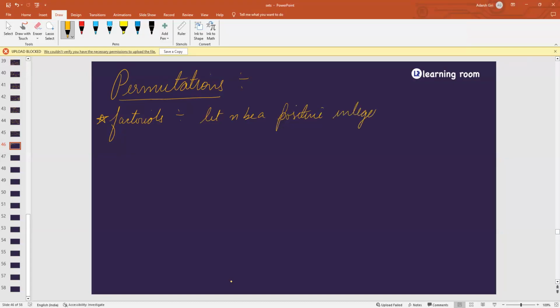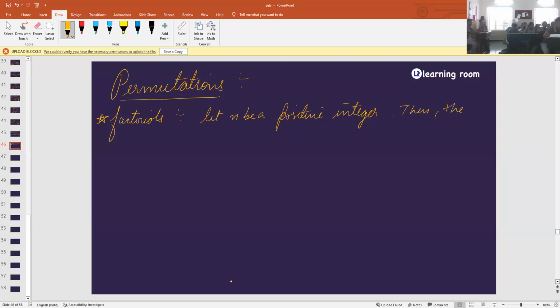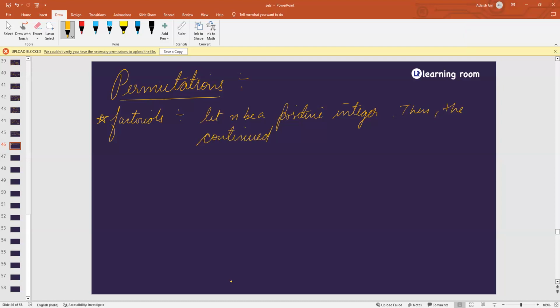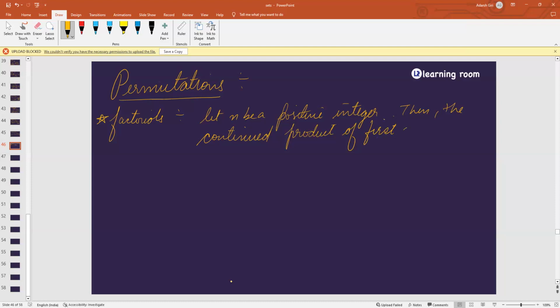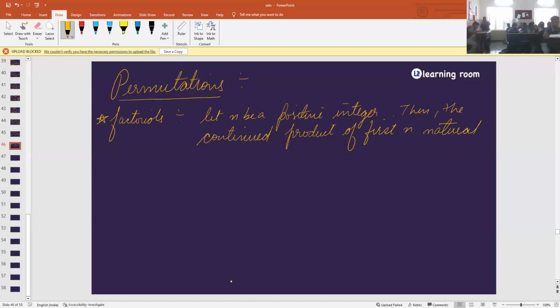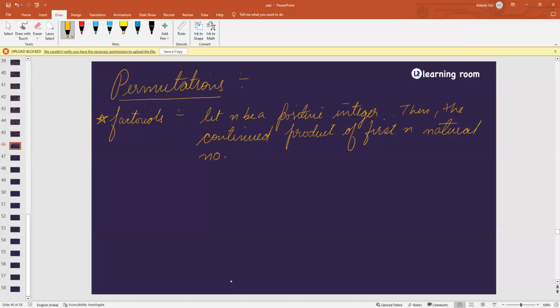Then the continued product of the first n natural numbers is called factorial n.